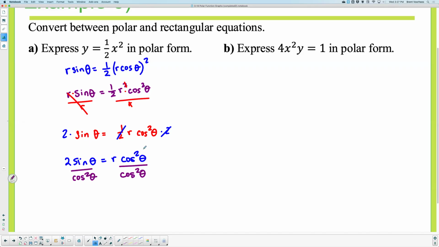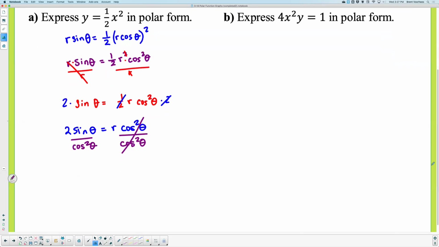To clean that up a little bit, if you use your identities, this is the same thing as 2 sine theta divided by cosine theta, times 1 over cosine theta.